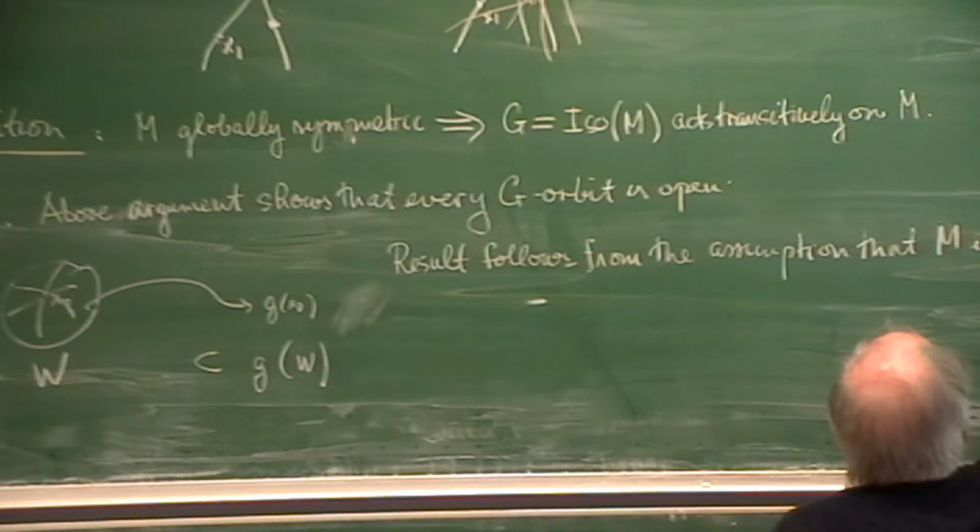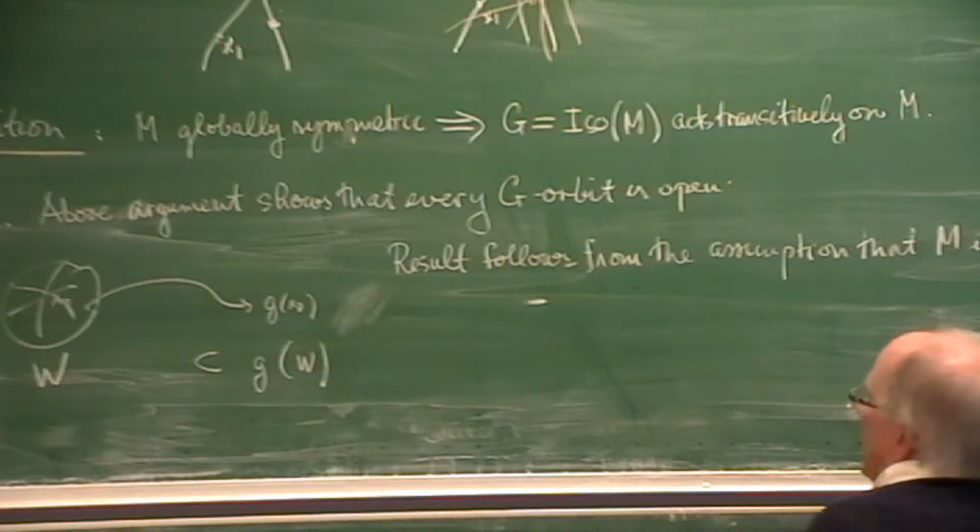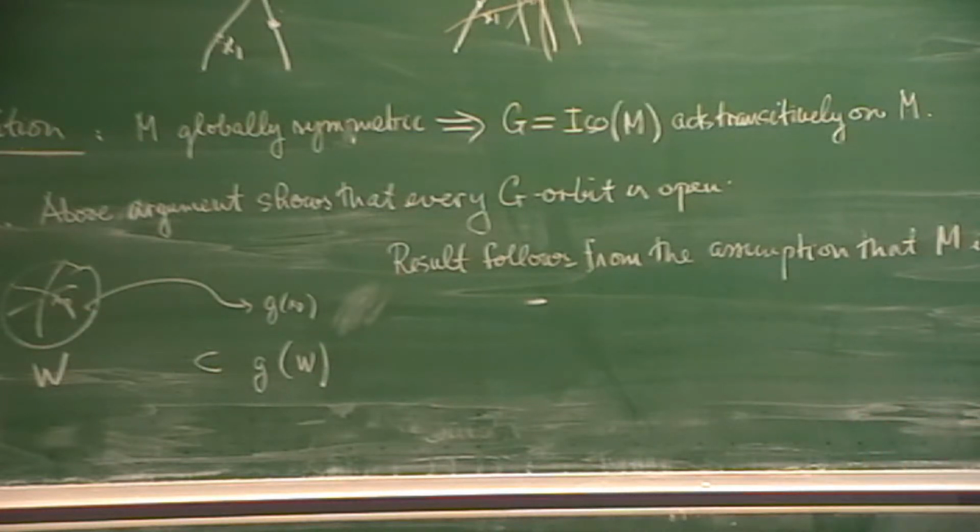I always assume that it's connected. Are you okay on this? Every orbit is open because locally it's true. And if an open set is in the orbit here, then I push it over there, it's in the orbit there too. So it's open everywhere, so that's what it is.